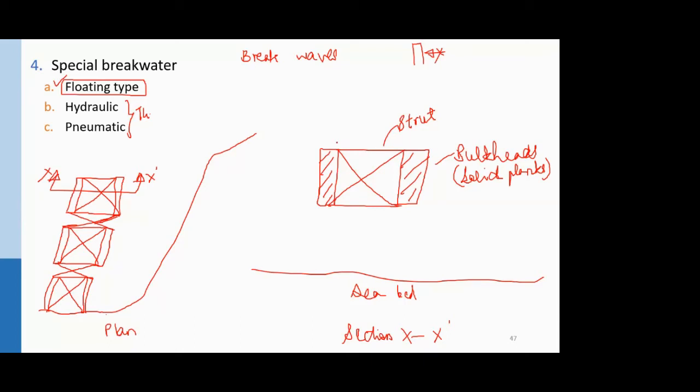It is nothing but some steel sections by means of which there is a bulkhead on both sides. If you want to visualize it, visualize a very thick plywood, say 1 meter thick plywood, and then you have two such plywoods, 1 meter thick, and in between they are kept together by placing some steel channels or steel angles, and that forms the strut.